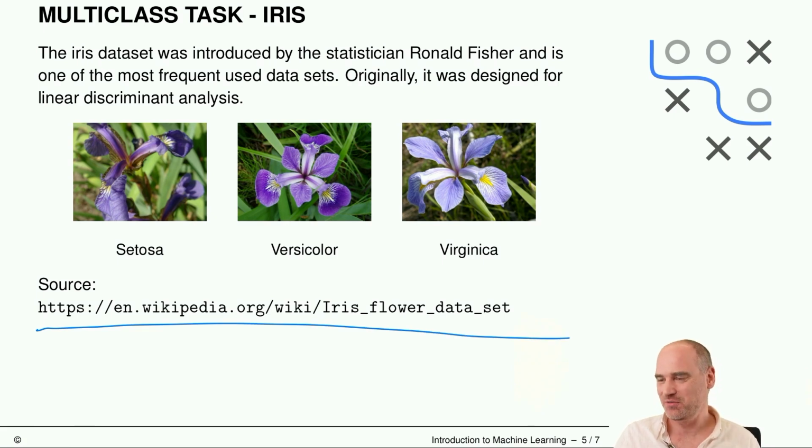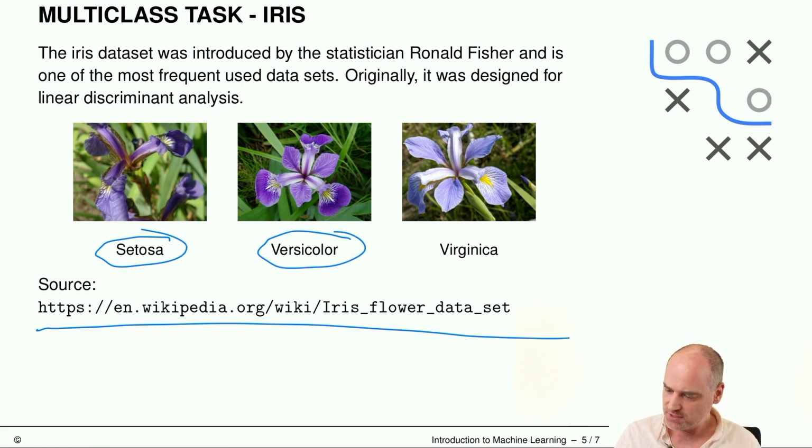Fisher collected this data set based on three types of iris flowers. There are three subspecies of the iris flower: the setosa, the versicolor, and the virginica. Fisher was also interested in the topic as such, but he used it as a test case for linear discriminant analysis, which we will look at later on in this course.